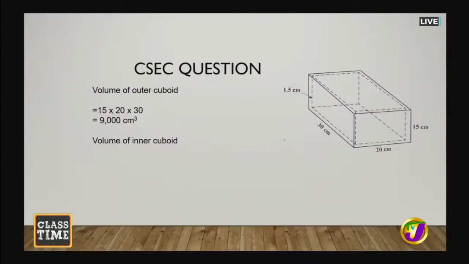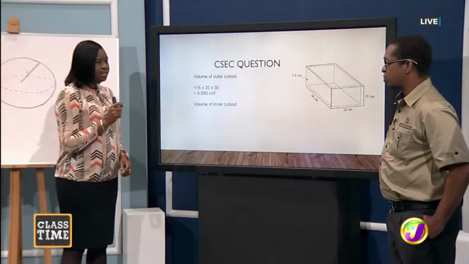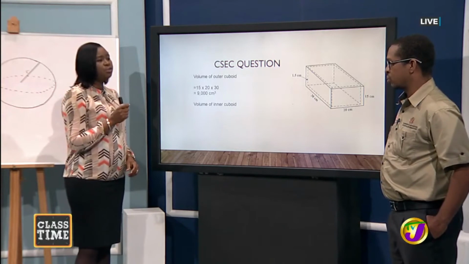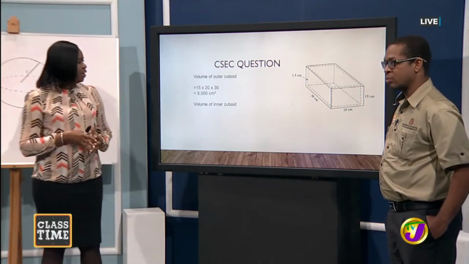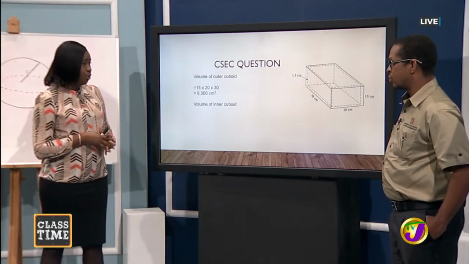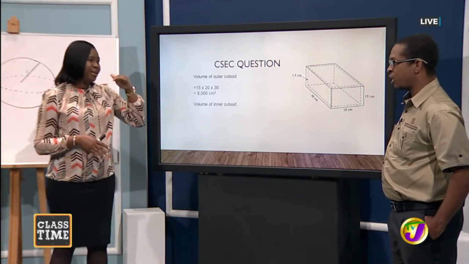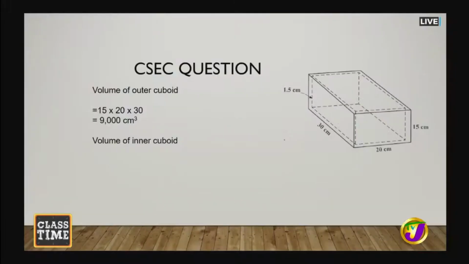Okay, awesome. So that information of the 1.5 centimeter thickness is crucial to our values that we're going to plug into our formula to find the volume of the inner cuboid. And as you said, remember we didn't have any lid, so we only needed to take it once for the height.